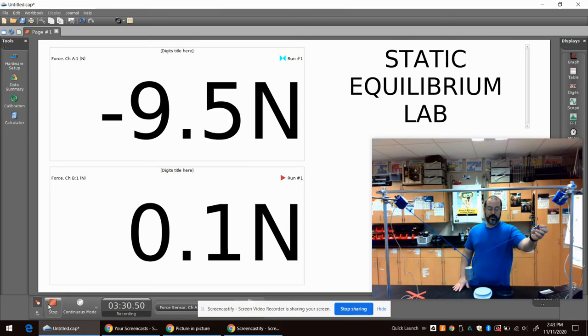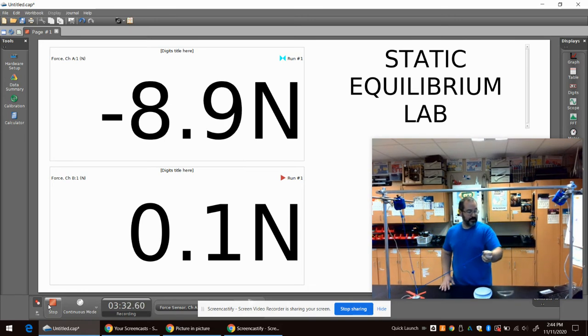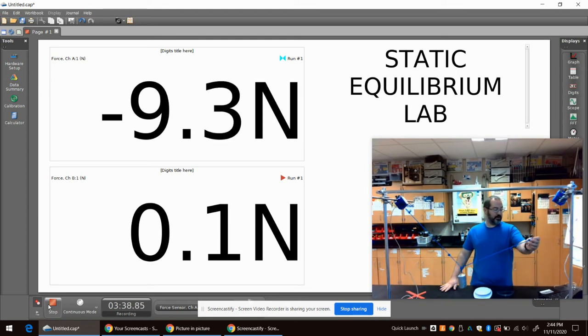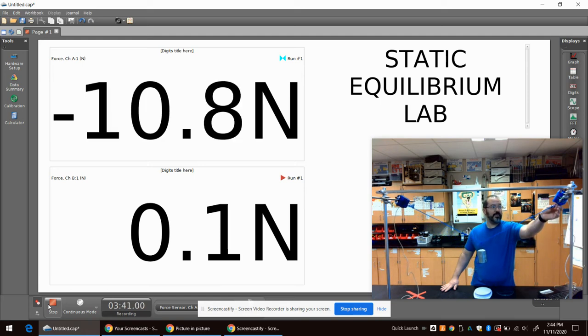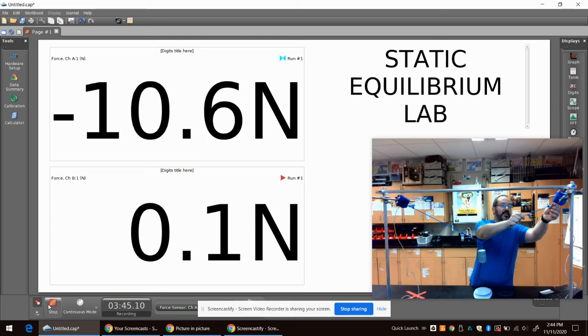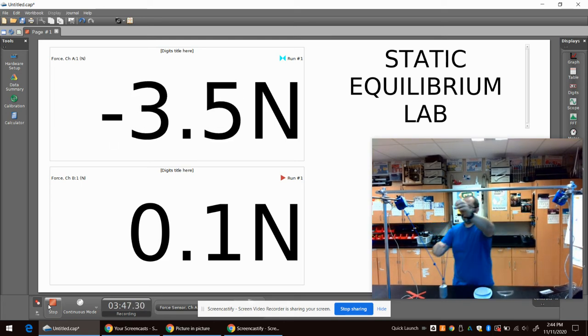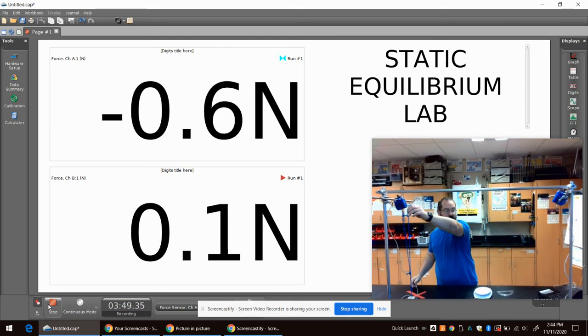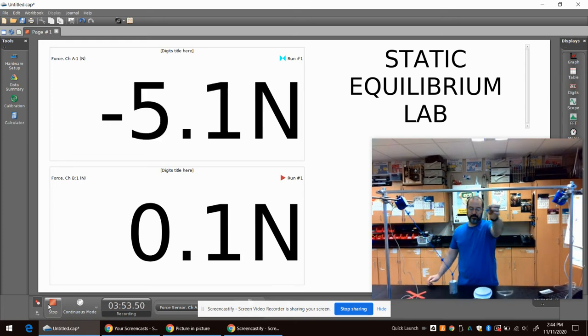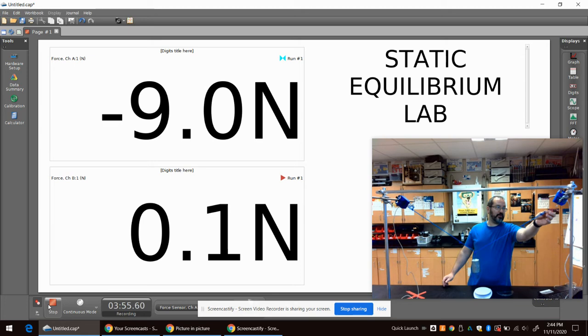Well, the force is going up because as I start pulling this to the side, there becomes a greater and greater x force. I'm holding this right alongside, balancing it, and as soon as I start pulling it over, we're seeing this force increase.